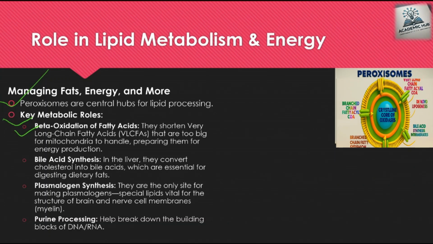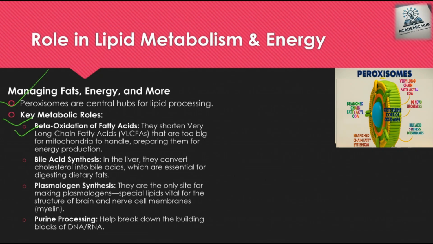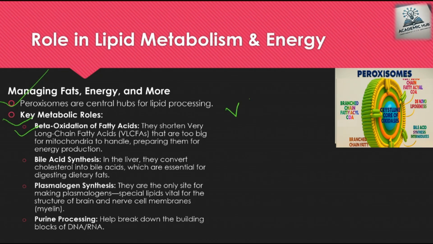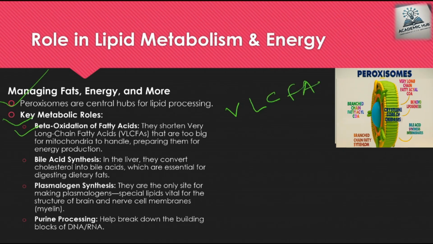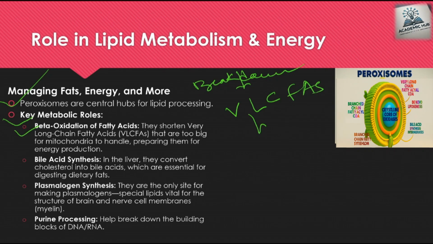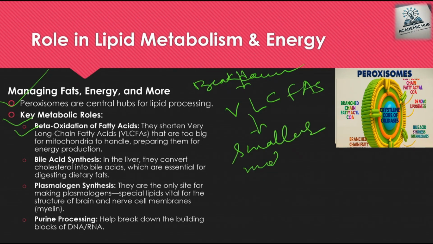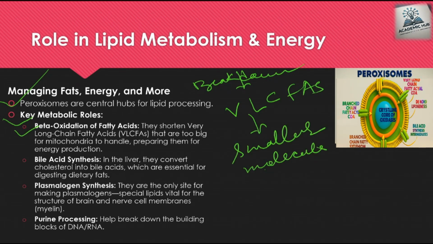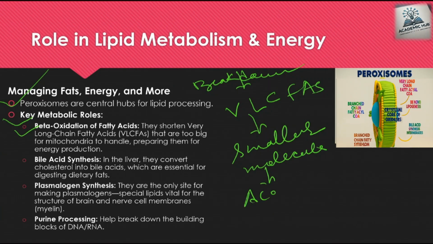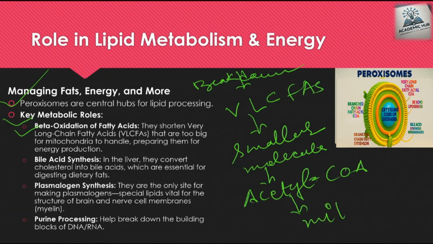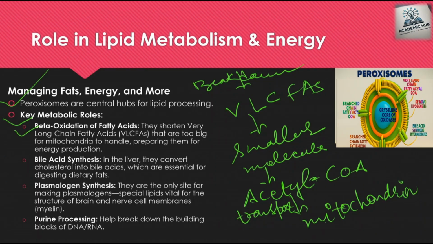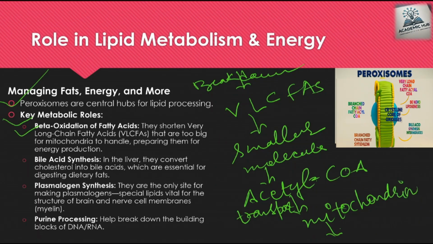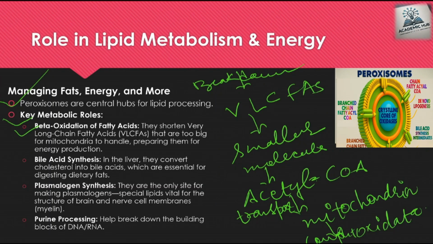In this, peroxisomes are equipped to break down very long chain fatty acids into smaller molecules. These smaller molecules, such as acetyl coenzyme A, are transported to mitochondria for complete oxidation and energy generation.